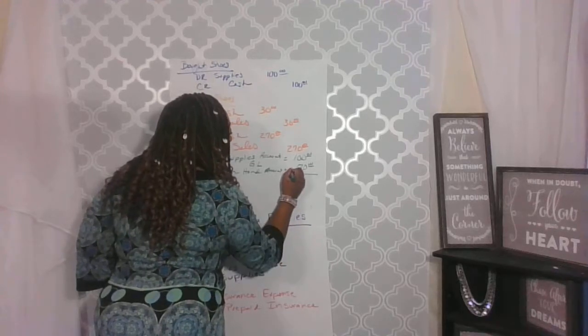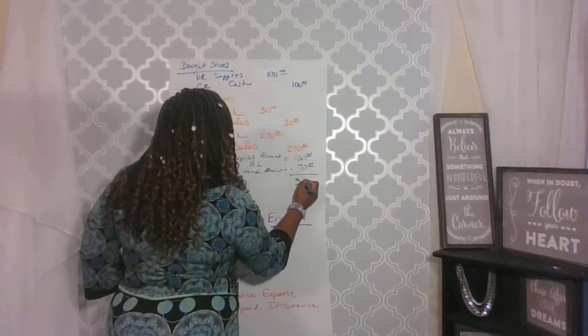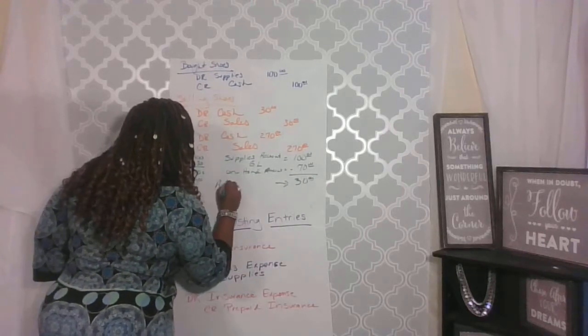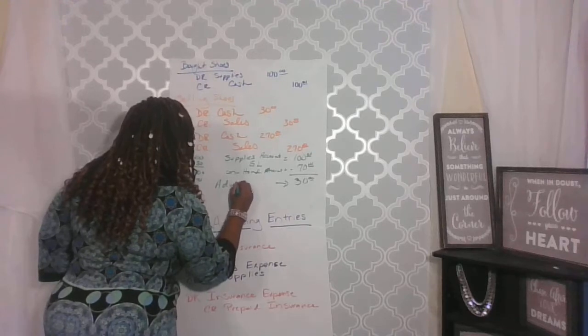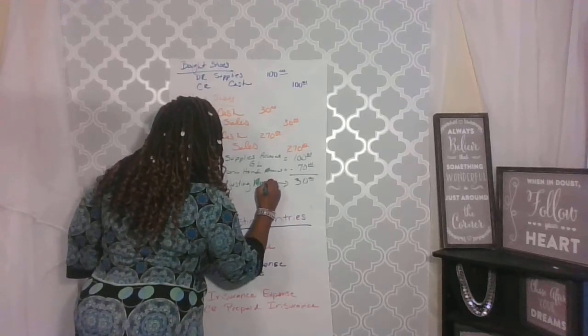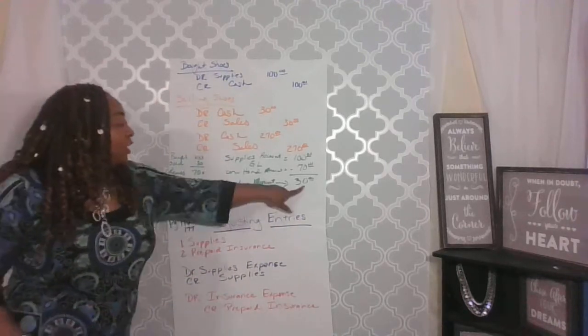The difference is $30. This is the adjusting amount. Okay? So this will be the adjusting amount.